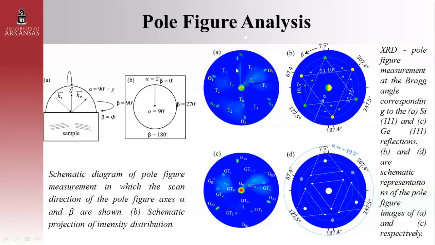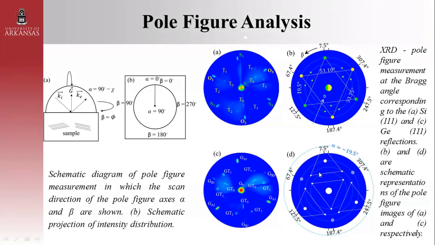So here figure A and figure C are the pole figures recorded for silicon 111 and germanium 111 Bragg conditions, whereas B and D are their corresponding schematic diagrams.